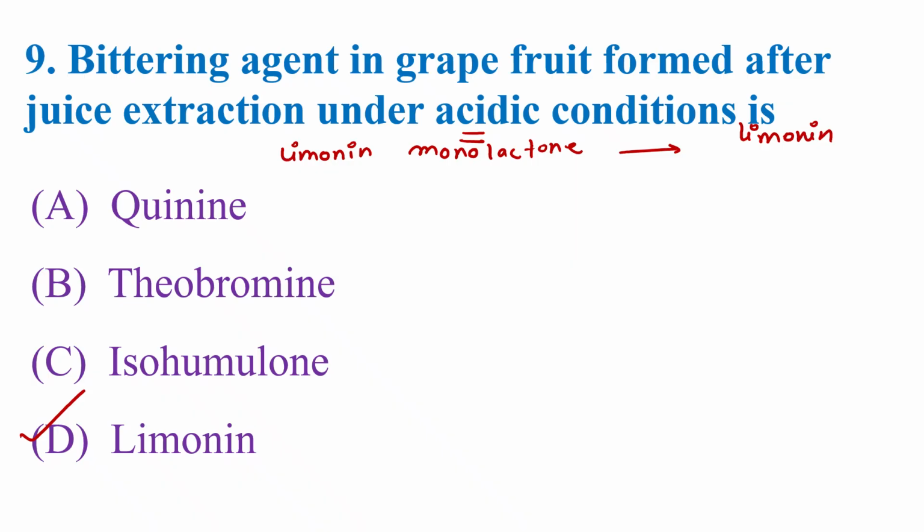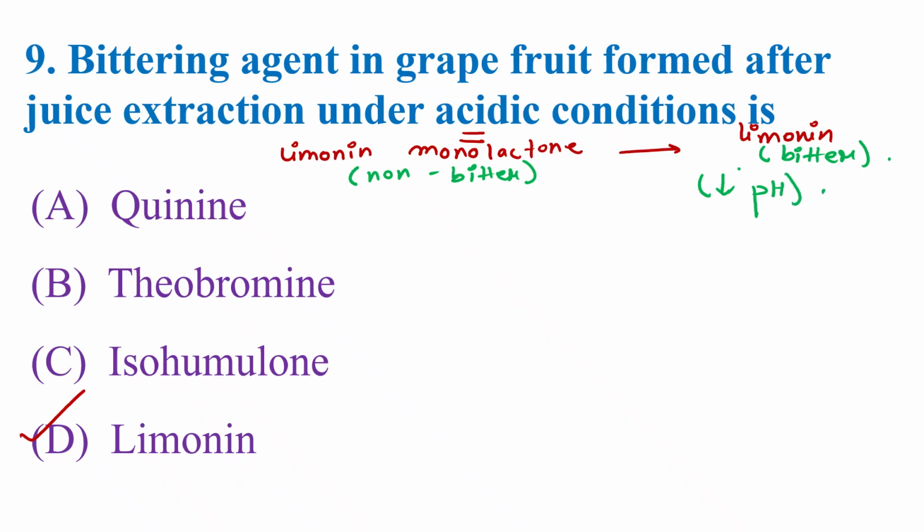So this limonin monolactone, it is a non-bittering compound that converts to a bittering compound. When the pH drops, it will get converted.